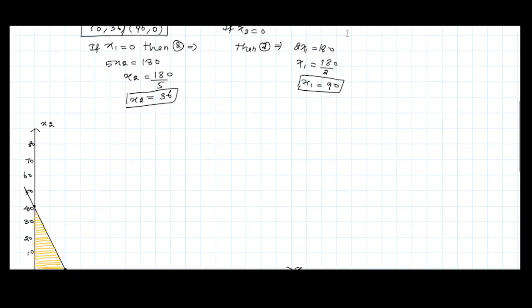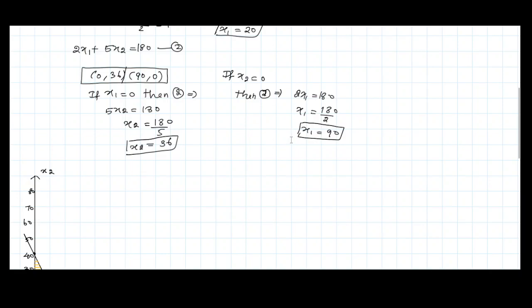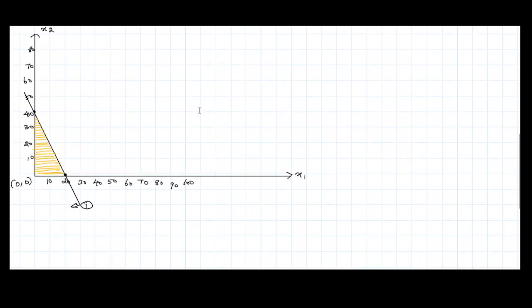Let us represent line number 2 by using the points 0 comma 36 and 90 comma 0. Here is 0 comma 36, and here is 90 comma 0. Let us connect these two points by a line.